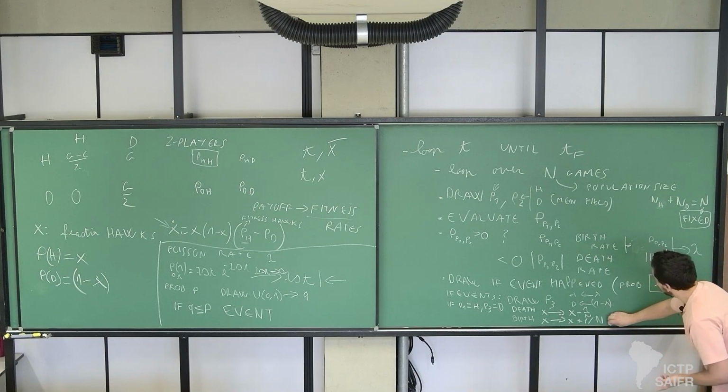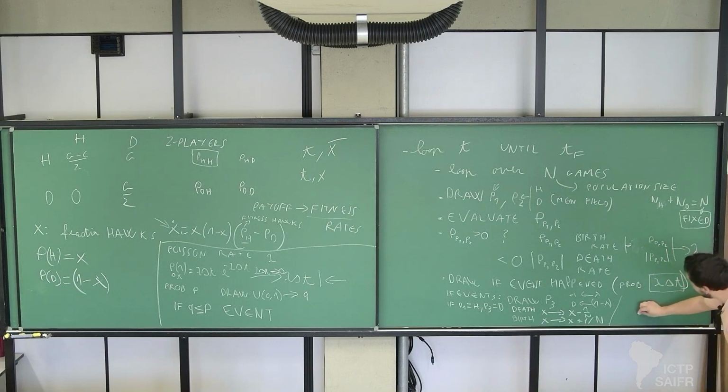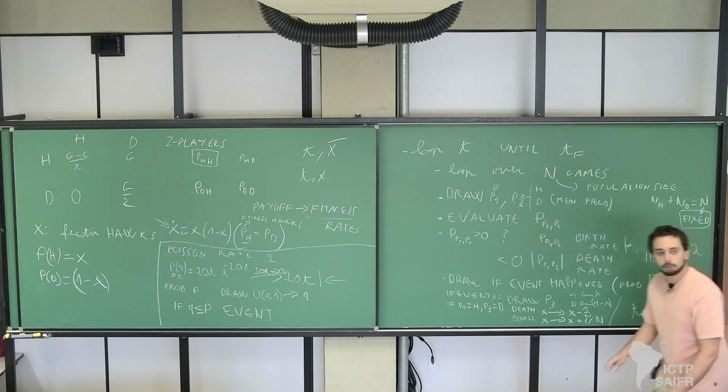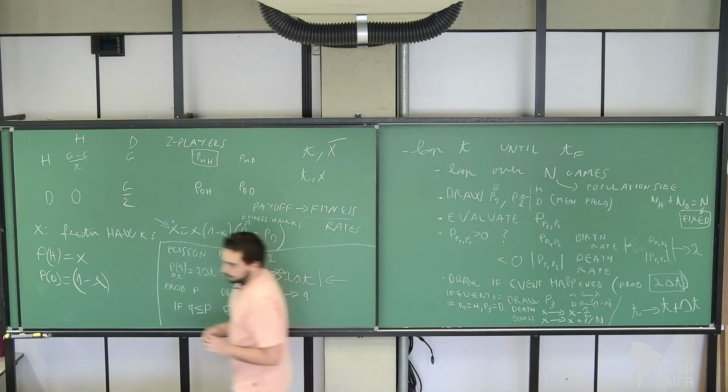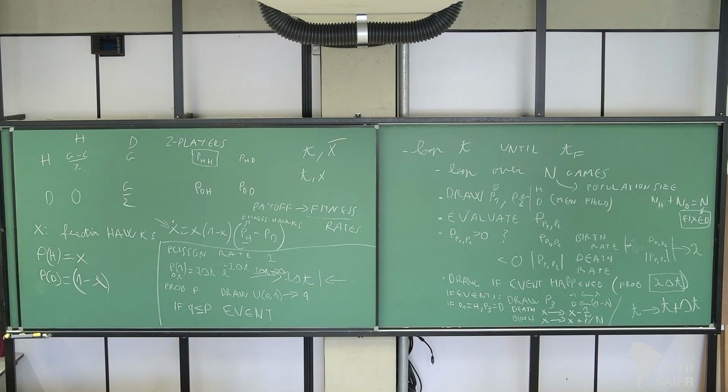So this concludes the n loop. And then, after you're done with the n loop, you update time. Don't forget to update time, because otherwise your simulation will never stop. Okay? So this is it. This is the algorithm.